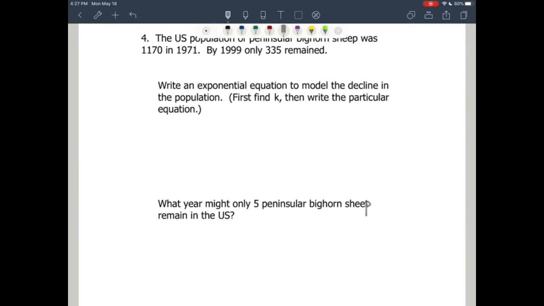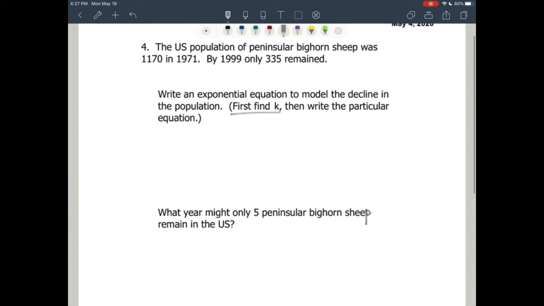Okay, so our exponential equation to model the decline is going to look something like this. We have to first find k. So we're going to start with our end value of 335. Our initial value is 1170, and that happens over a period of 28 years. So e raised to the k times 28, or you could say 28k.